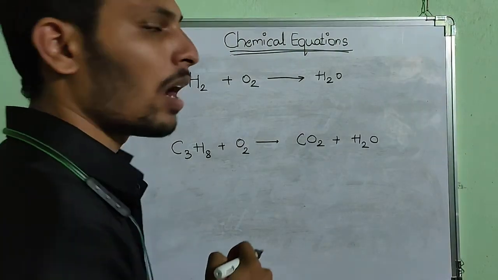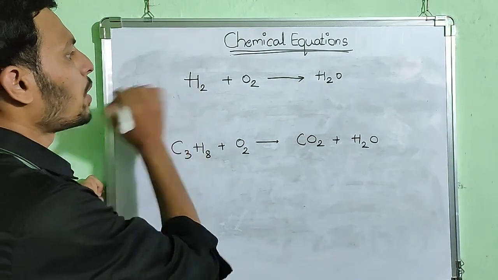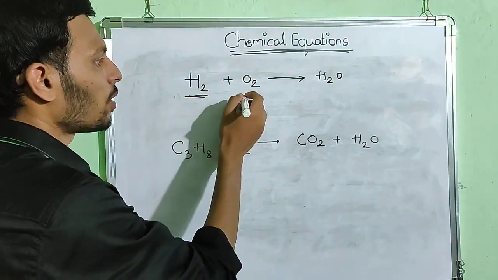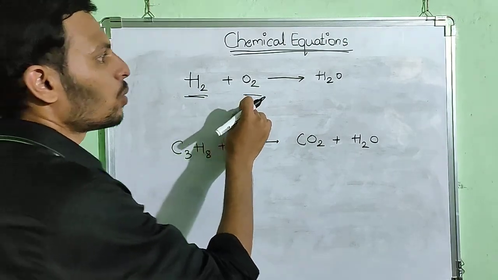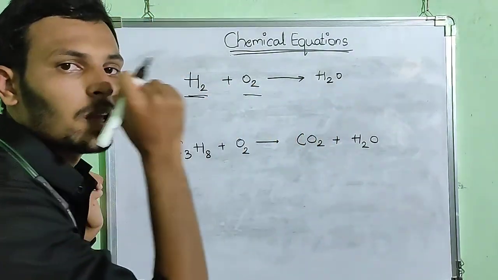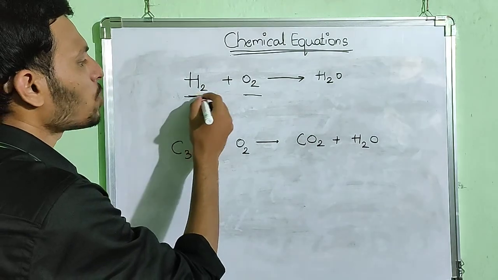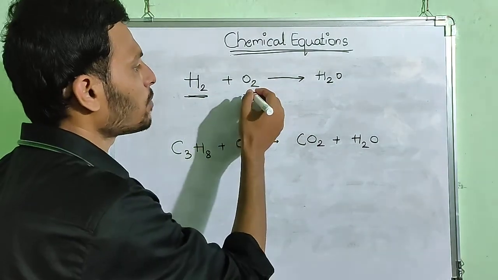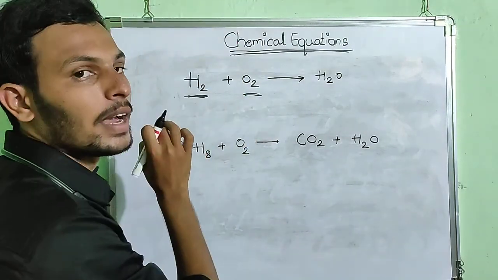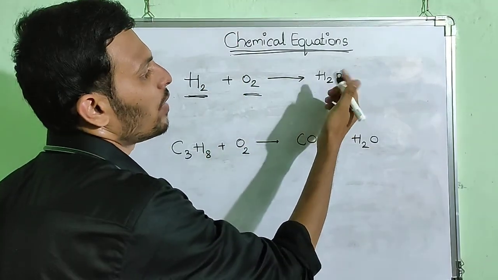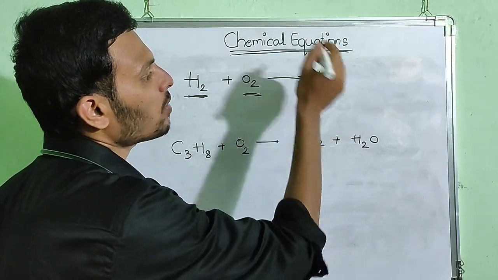Now we'll learn how to balance an equation. For example, hydrogen and oxygen combine together to form water. On the reactant side we have two hydrogens and two oxygens, but on the product side we have two hydrogens but not two oxygens.